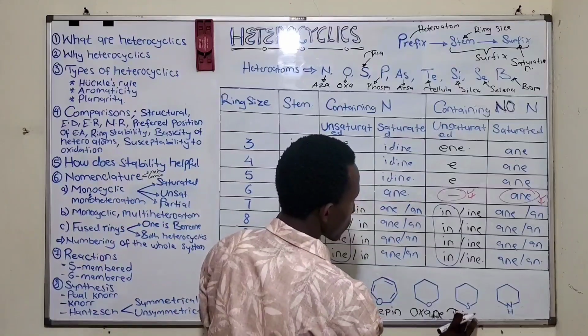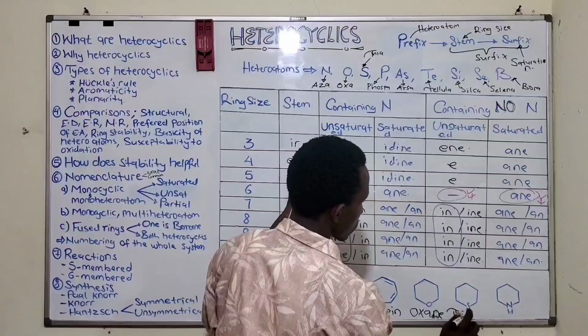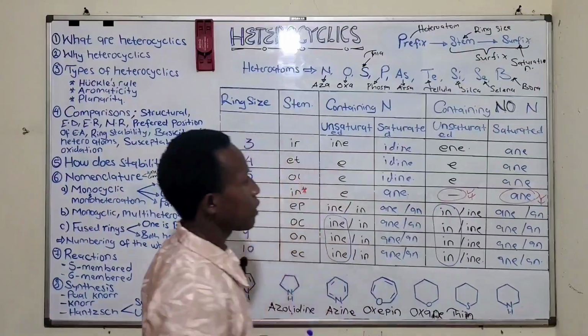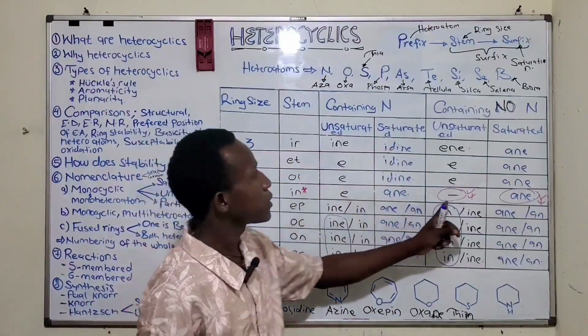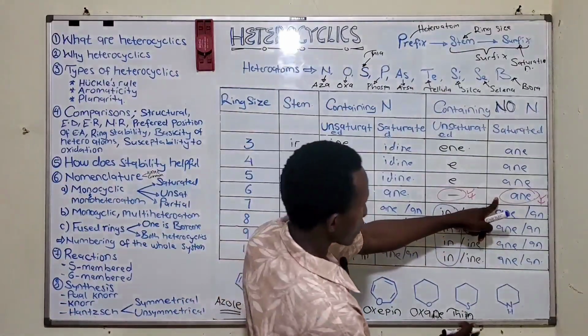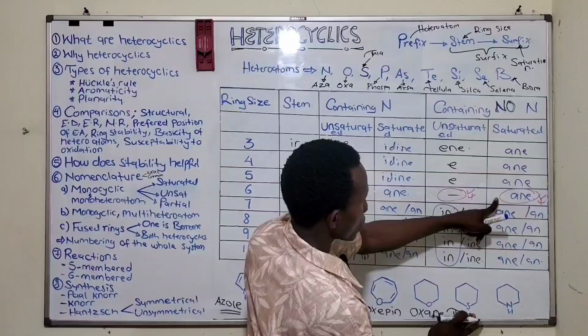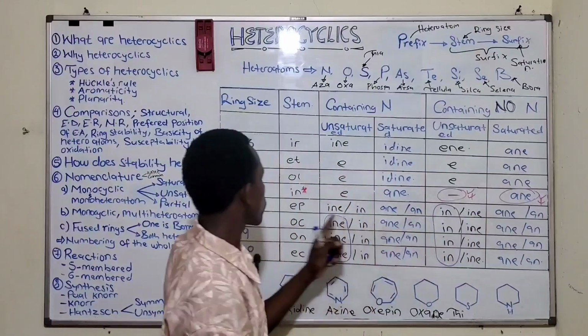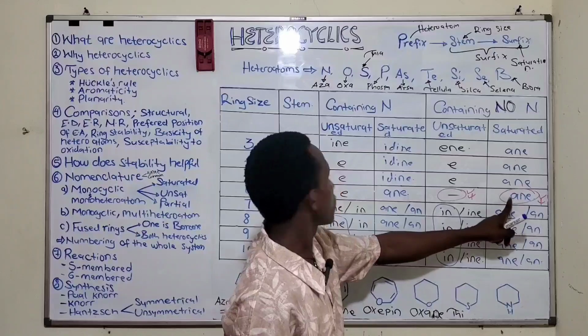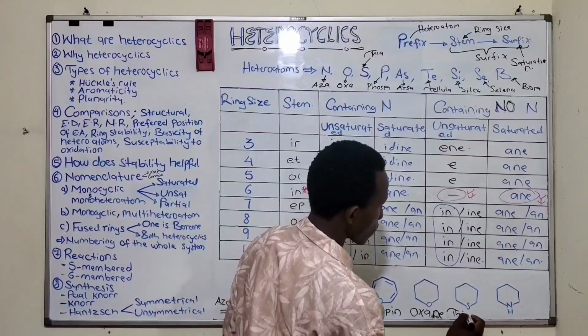IN, so we remove this A. Put IN. And it is saturated. So meaning that this one we shall not put IN, we shall just put ANE. So it is thiane.